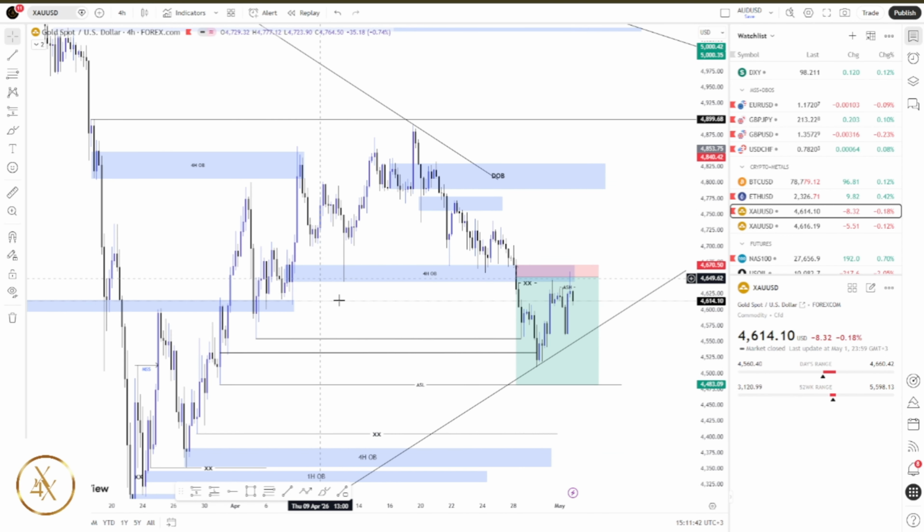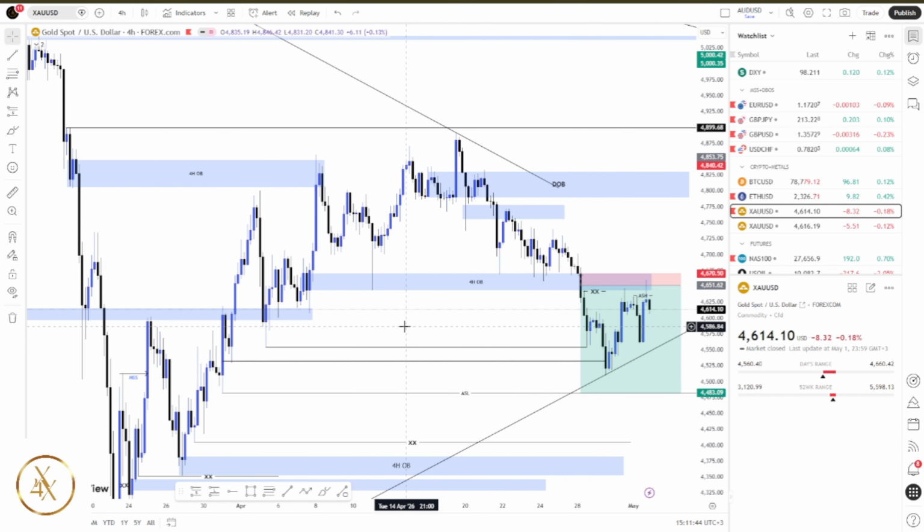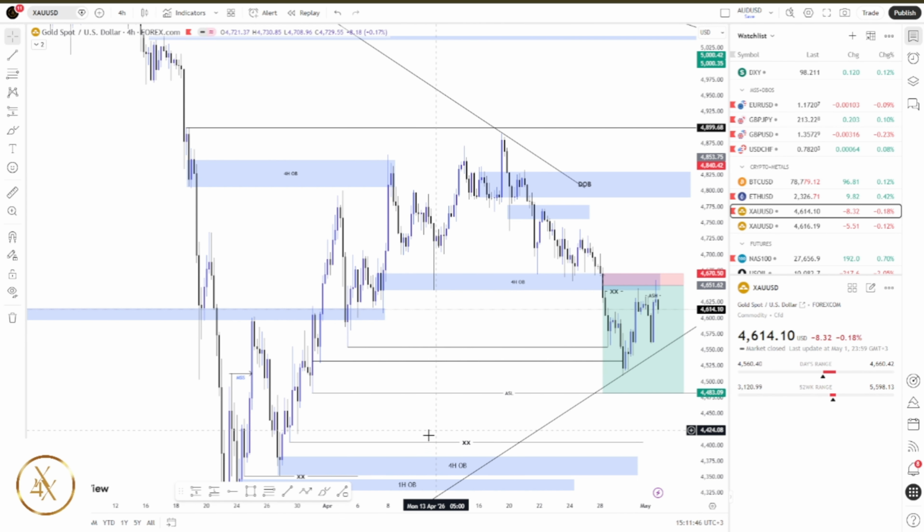So you can see that price is coming from up this side, seeing lower lows, lower highs, lower lows, lower highs. Then it has broken this 4 hour order block here, and that eventually will become our point of what?